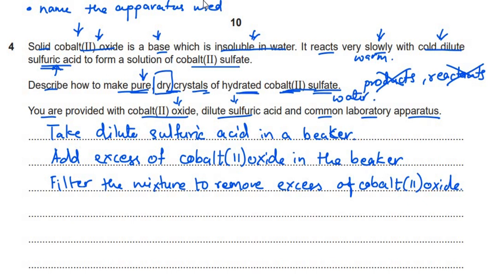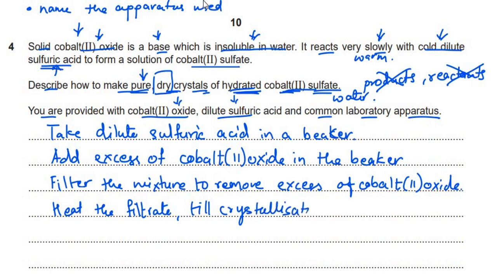Now we want water with it, but not in the liquid form, because we want hydrated cobalt sulfate crystals. So what we are going to do is heat the mixture, or heat the filtrate obtained after filtration. Heat the filtrate, and I'm specifying here, till crystallization point.